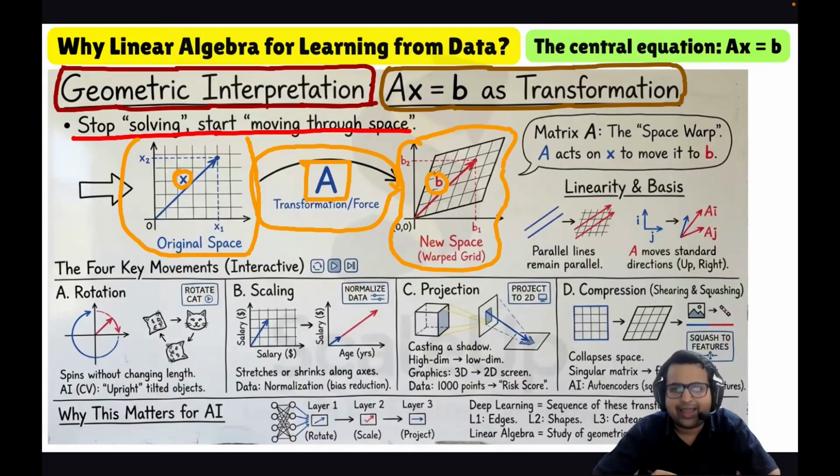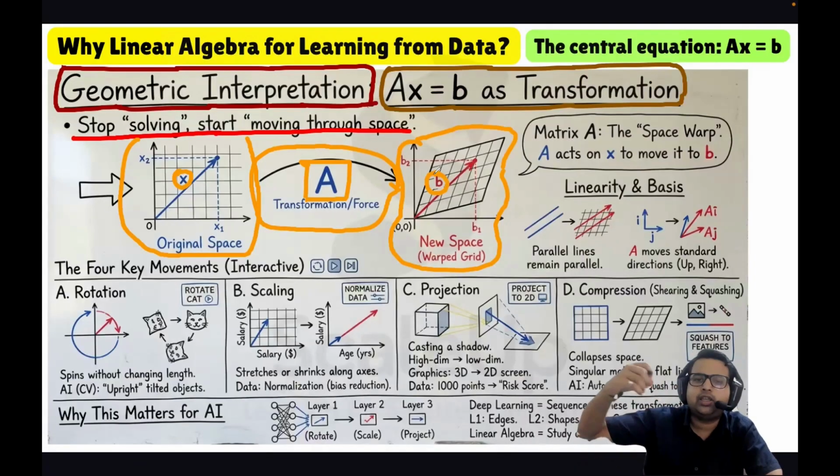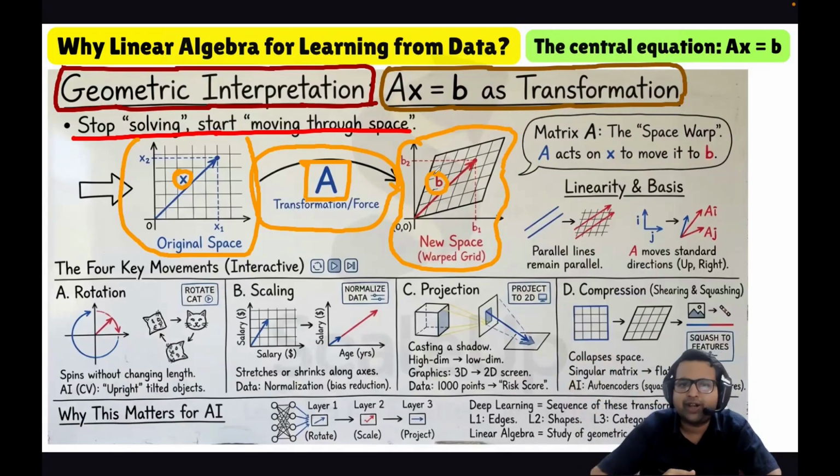The vector X starts at one location, and the matrix A, which contains the transformation rules, acts as a force that moves the vector X into a new location, vector B, into a new space.